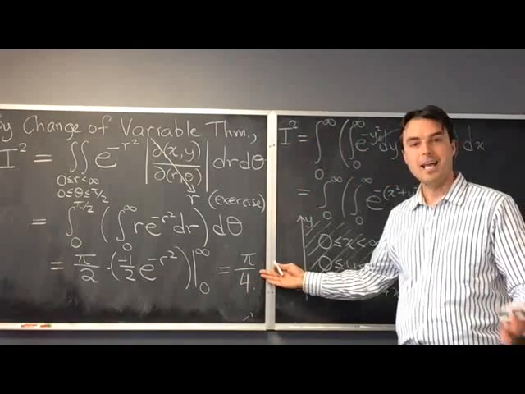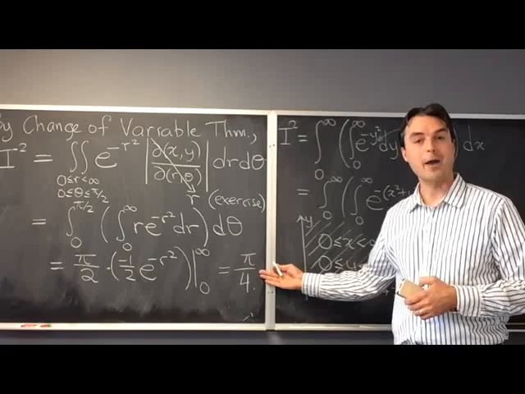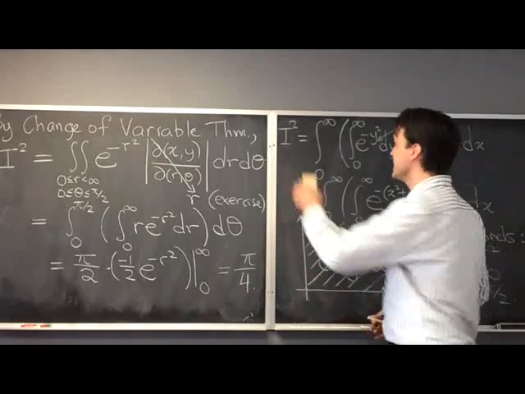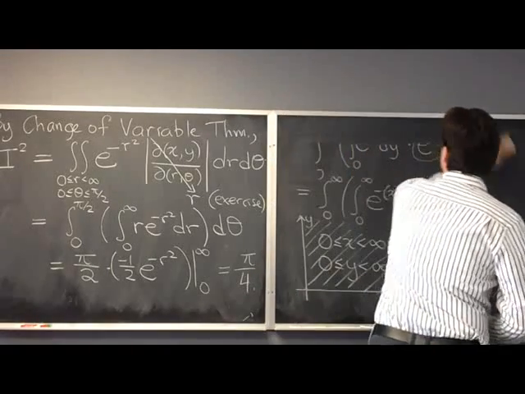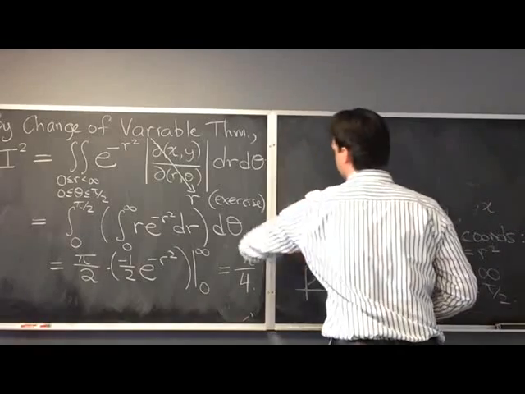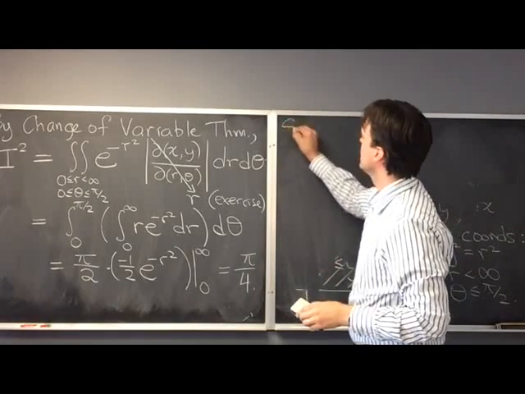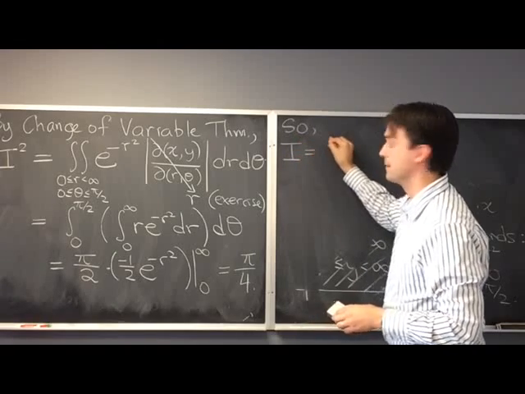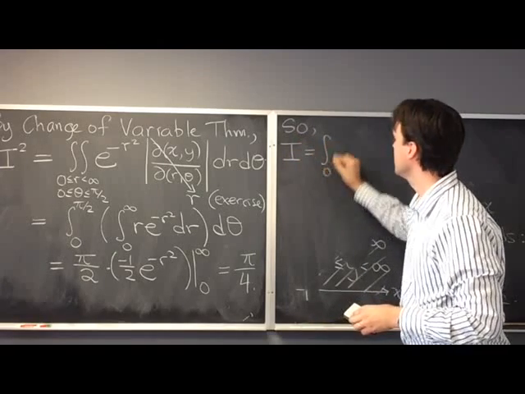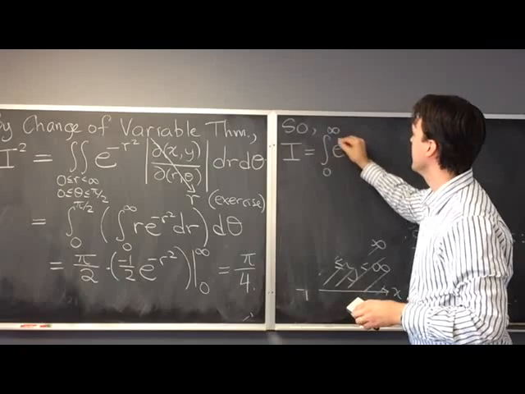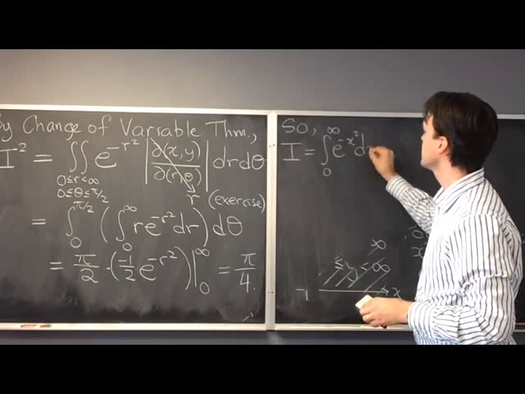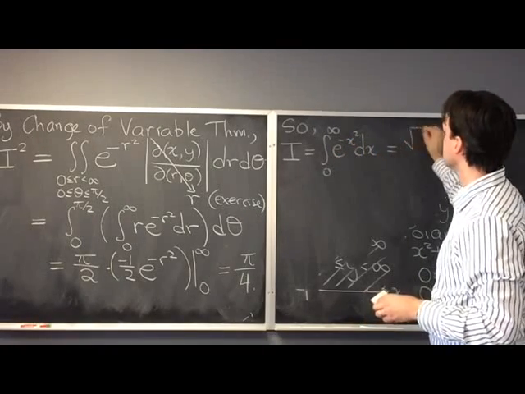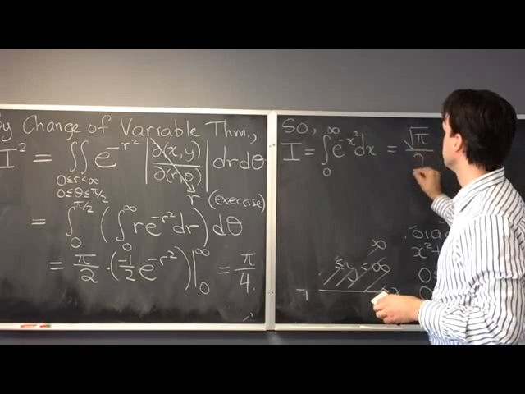Okay, so we've got that I squared must equal pi over 4, which of course means that I equals the square root of that. I, which by the way, as a reminder, is the integral from 0 to infinity of e to the minus x squared dx, equals root pi over 2.